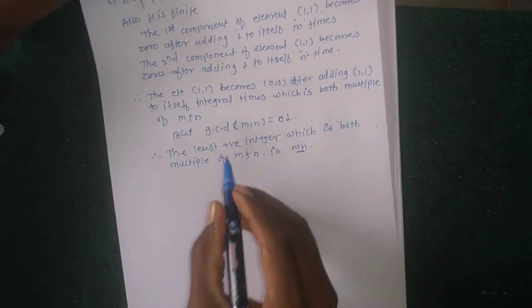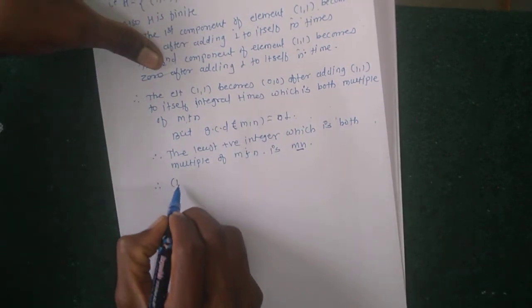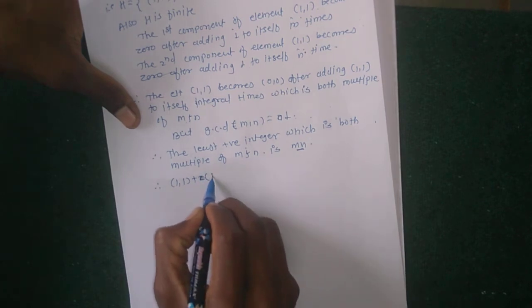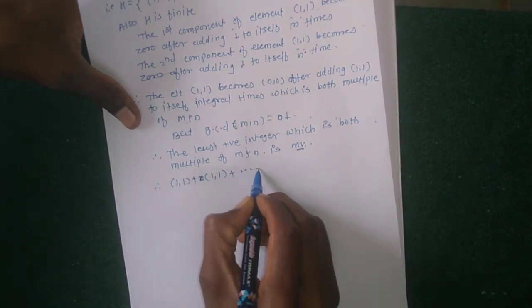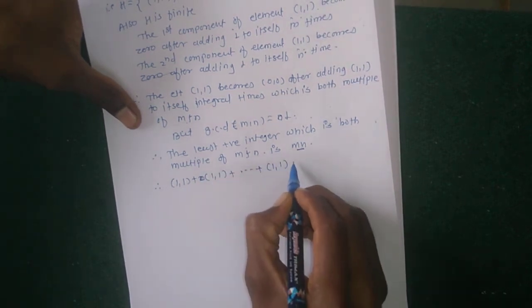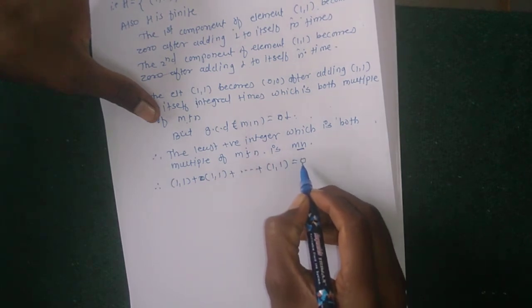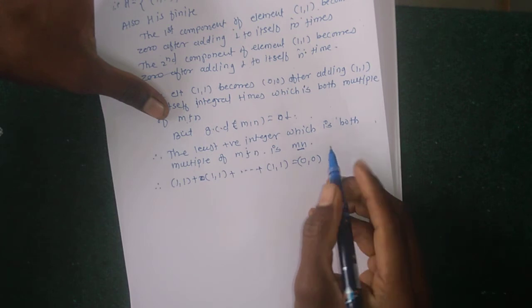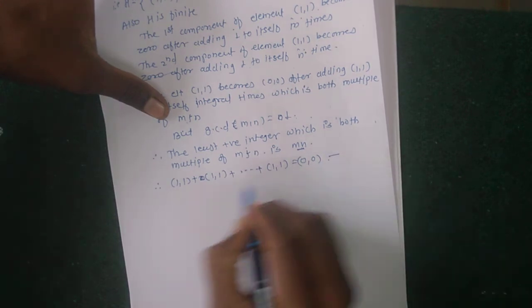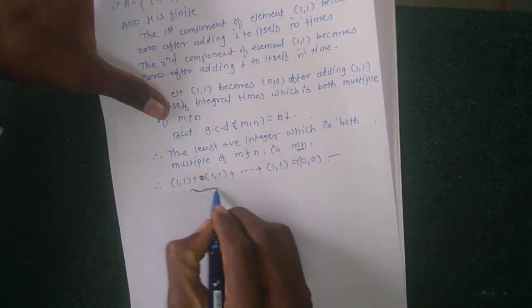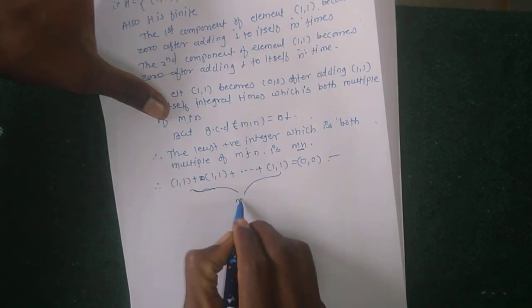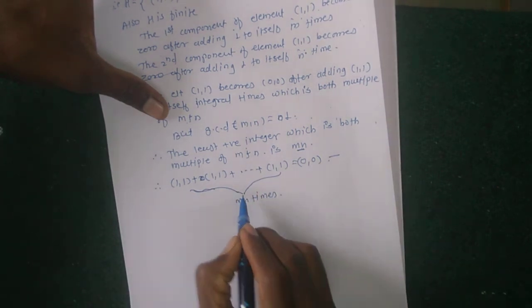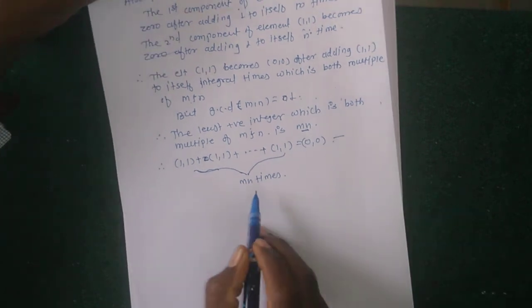Therefore (1, 1) plus 2 into (1, 1), and so on, up to m n into (1, 1) equals (0, 0). When the addition is up to mn times, the value is 0.